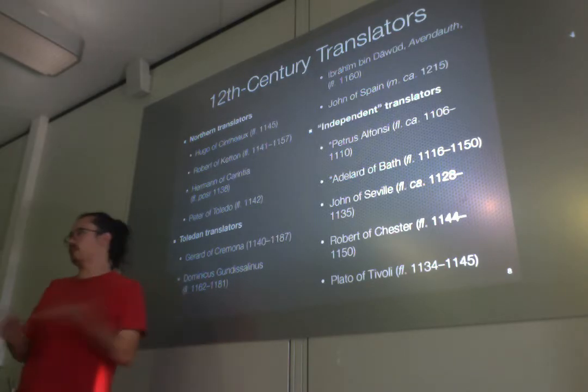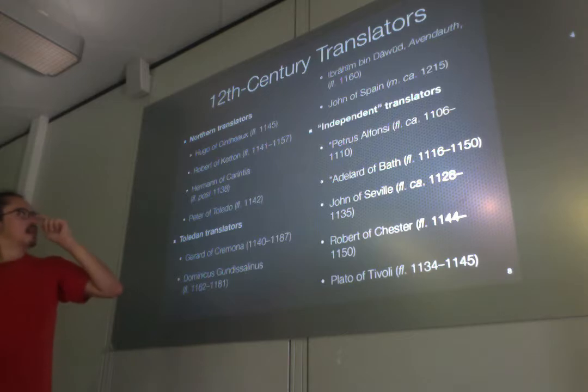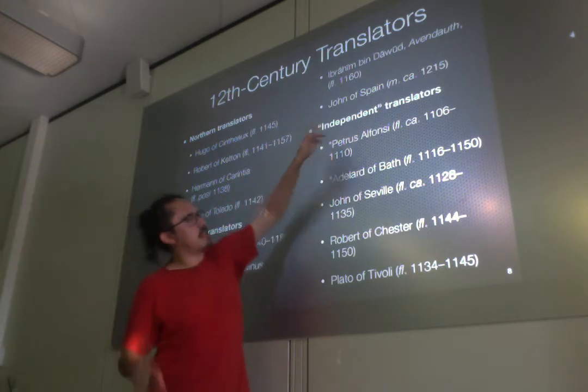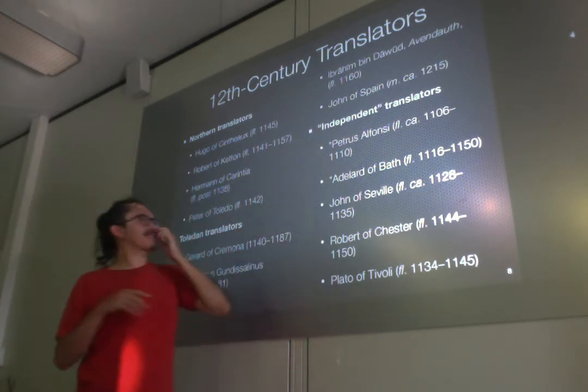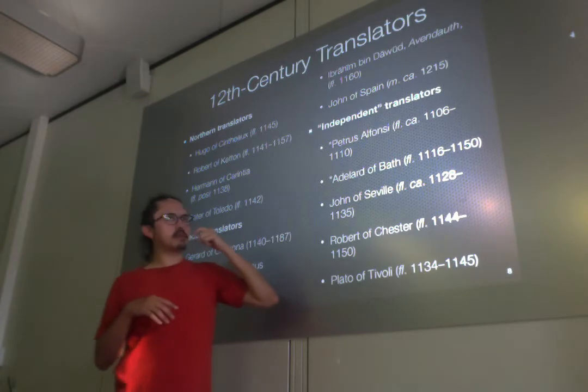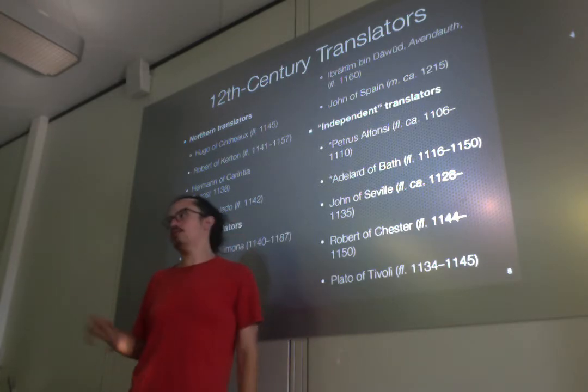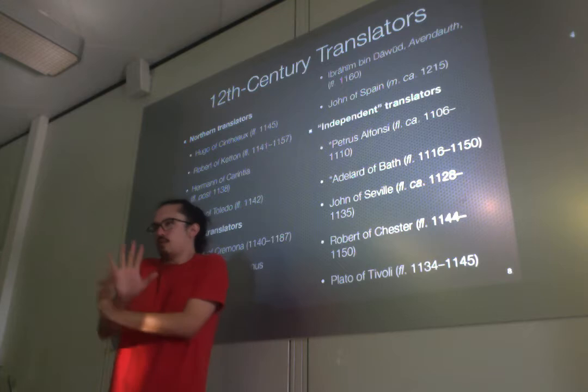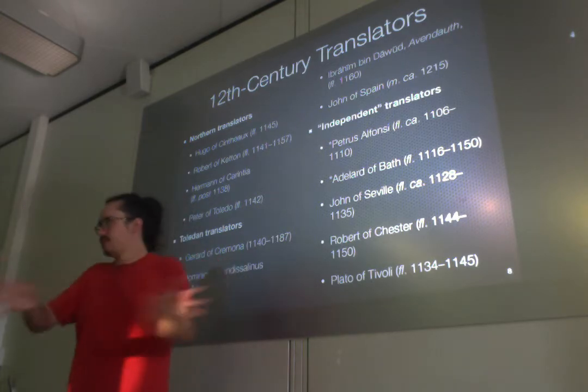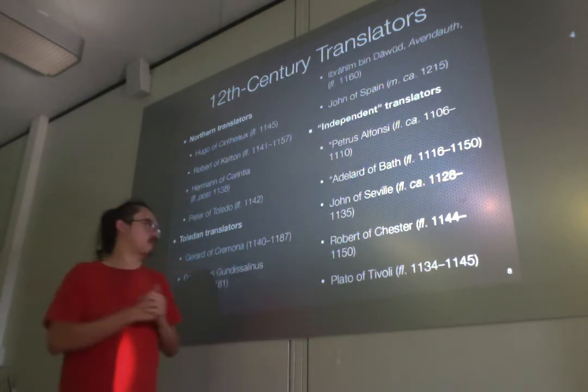and always related to philosophical translations. So, I put these as independent translators because they are not actually independent, but geographically speaking, they seem to be away from the main translating areas.